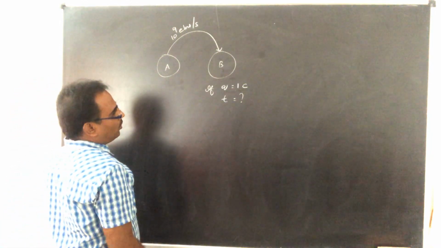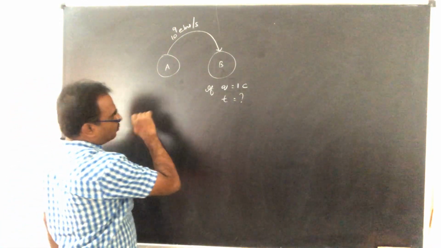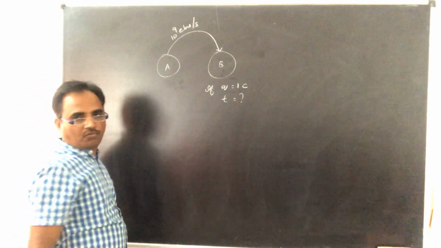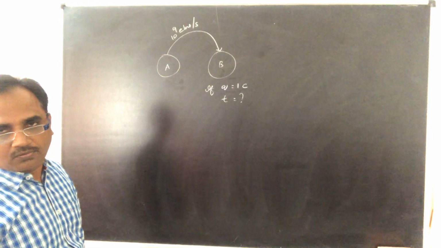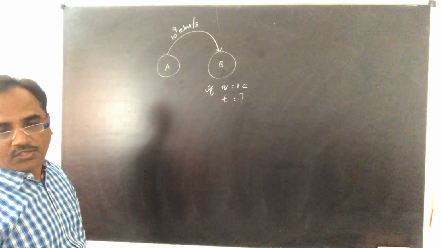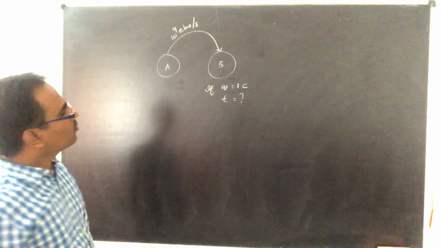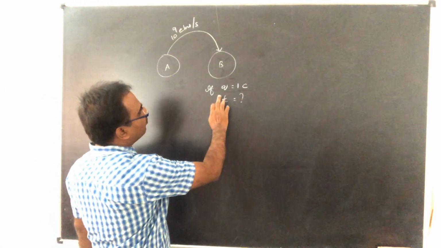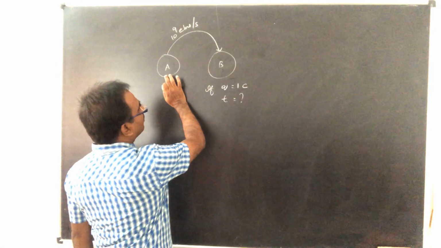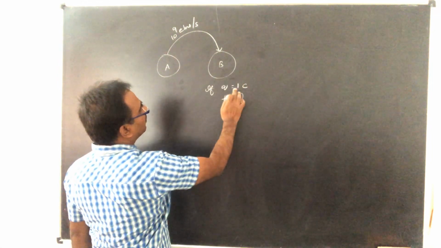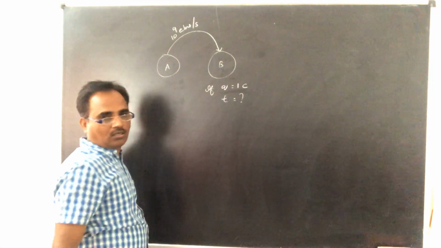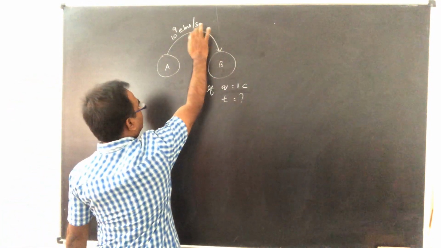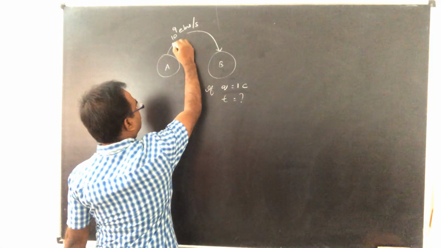So you have to get the solution for this problem on the basis of the quantization of charge. First you find how many electrons are to be removed from A so that B becomes 1 coulomb charged. In 1 second, this many electrons are transferred.